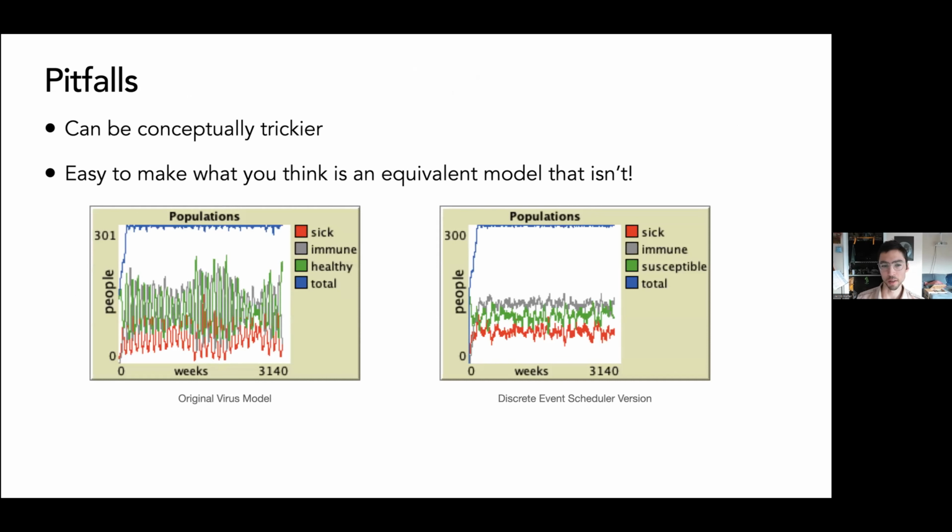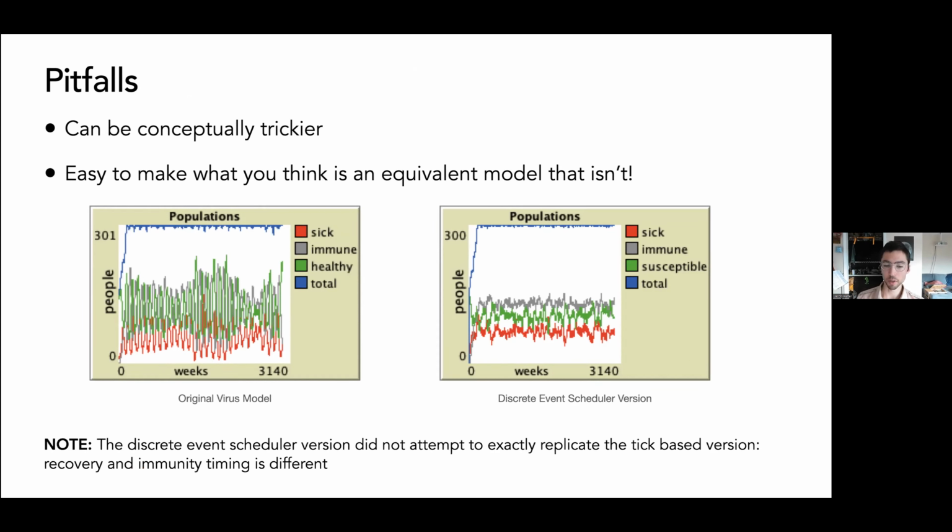Pretty obvious that those time series look different, even though all the parameter settings were the same. I will note, though, that this version did not actually attempt to exactly replicate the tick-based version. The recovery and immunity timing is different. But if you didn't know that, they look almost the same, but they're not actually the same.